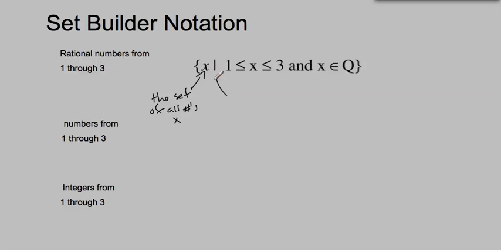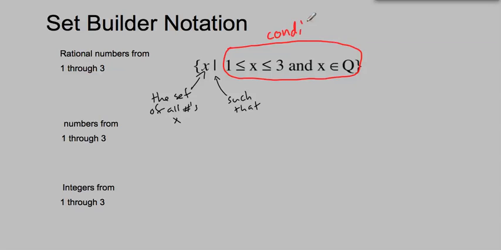And I have another symbol here, this straight line. We read that such that. So what we're saying is all numbers x, every number x, such that, and then over here we're going to put some conditions that have to be met for it to be in this set.